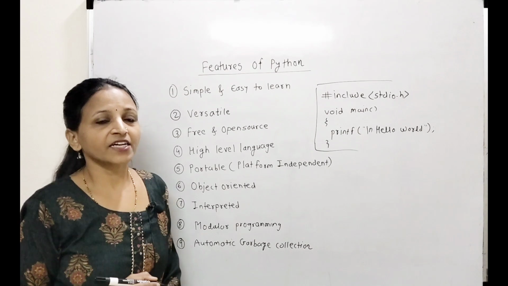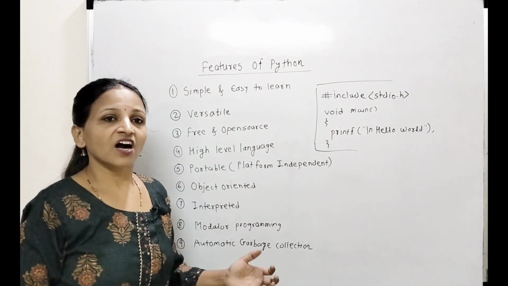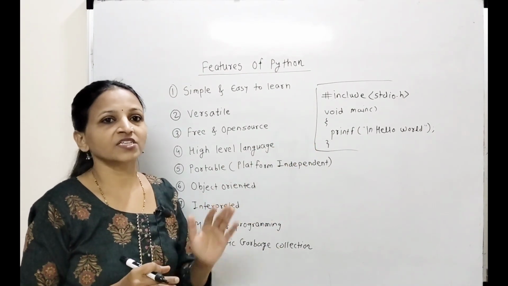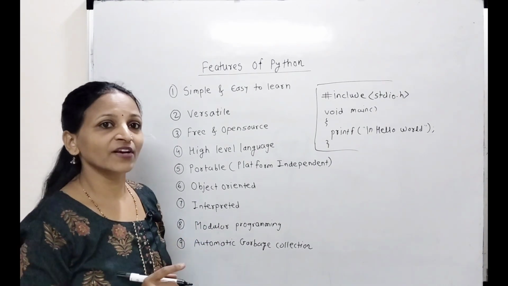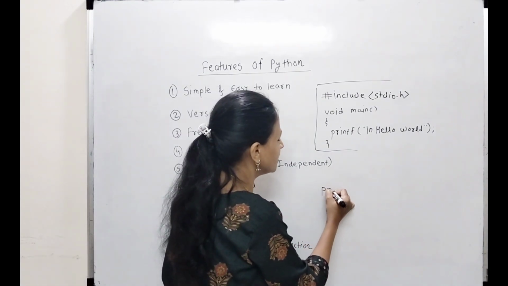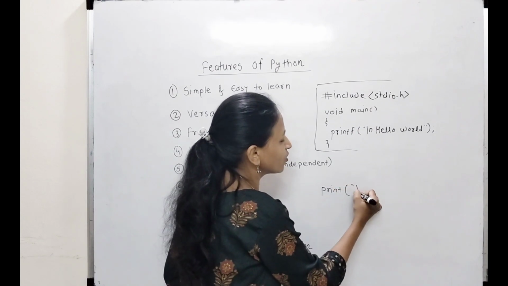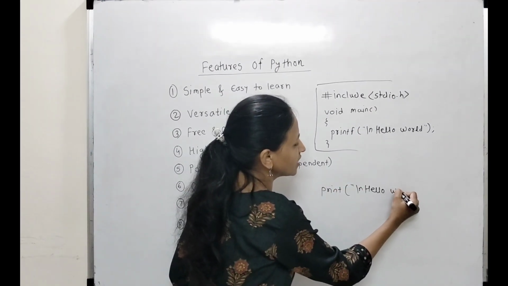And suppose you are writing a program in Java, again you have to write too much code for doing the same task. And suppose you are writing the same thing in Python, then how will you write that? Just write print, and whatever you want to print, just write it inside that print statement.